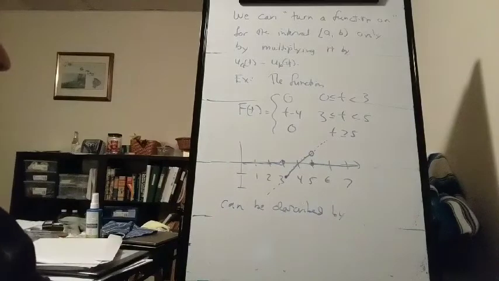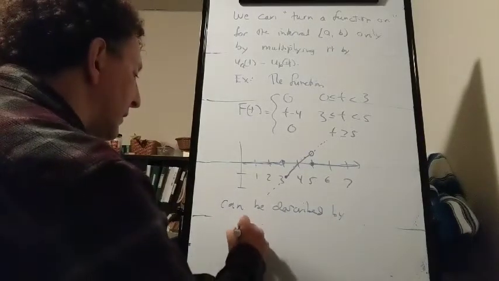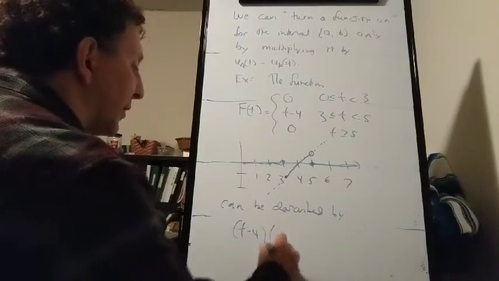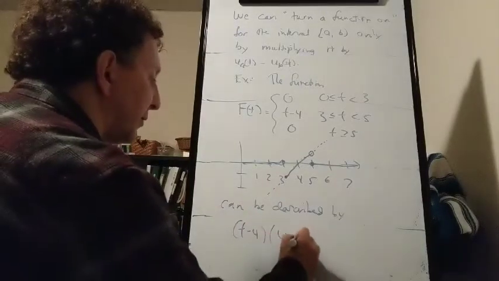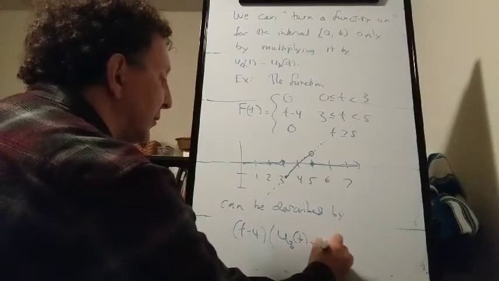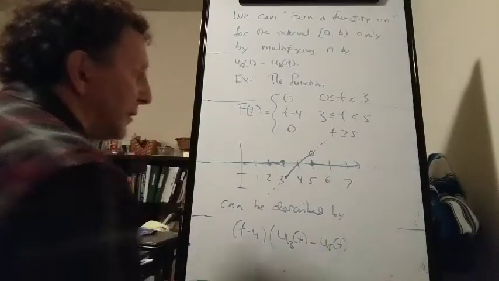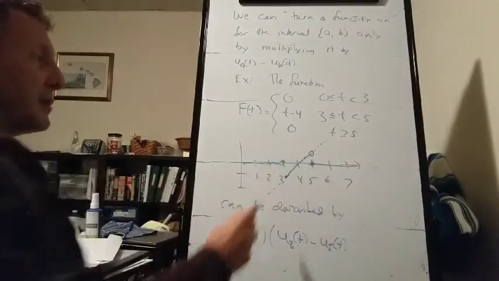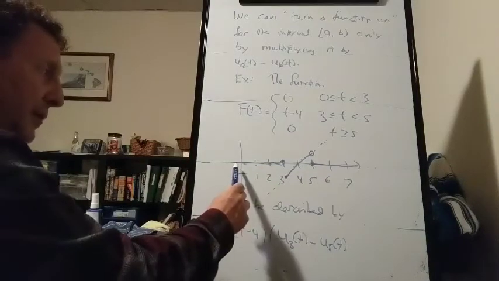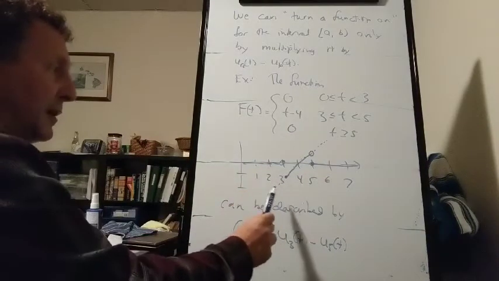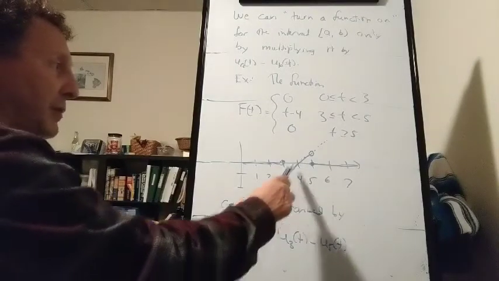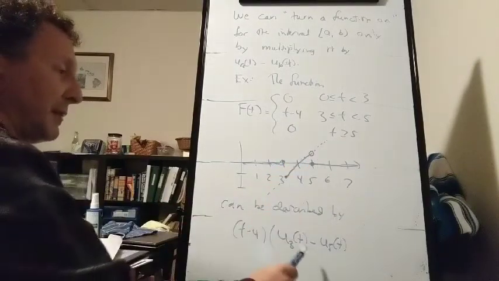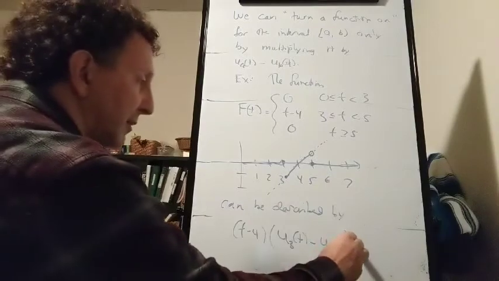So this function can be described by t minus 4, and we only want it between 3 and 5. So it's u_3 of t minus u_5 of t. We're basically multiplying the function by 0 on the interval from 0 to 3, multiplying it by 1, that is leaving it alone, for the interval 3 to 5, and then multiplying it by 0 again from 5 on.